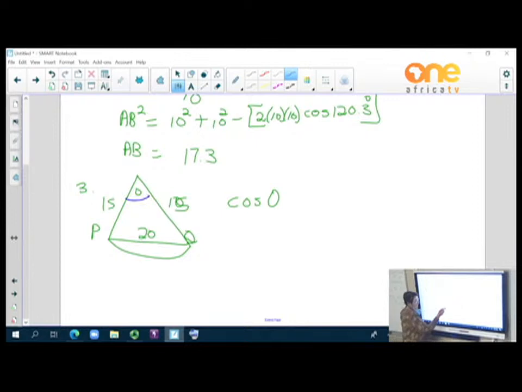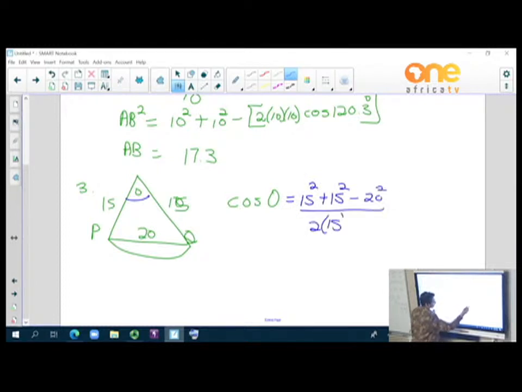So it will be 15 squared plus 15 squared minus 20 squared over 2 times 15 times 15. It's the cosine rule with the angle. Second function cosine. What is the angle? 83.6 degrees.